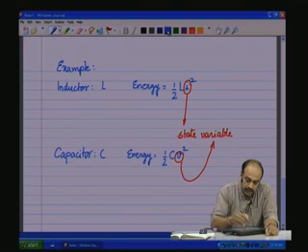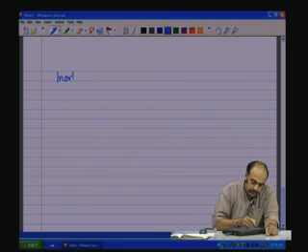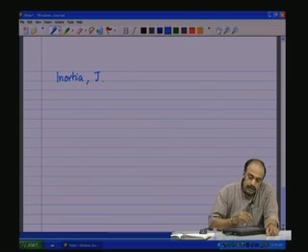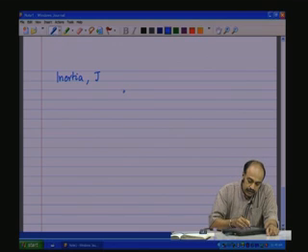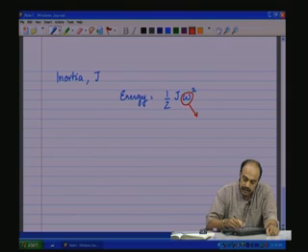Or in any other domain for that matter, if you take an inertial element J, which is being rotated by a shaft of a motor, J also stores the kinetic energy of the angular rotation, and the energy is given by half J omega square, and therefore, the omega, the angular speed of rotation, is a candidate for being considered as state variable.